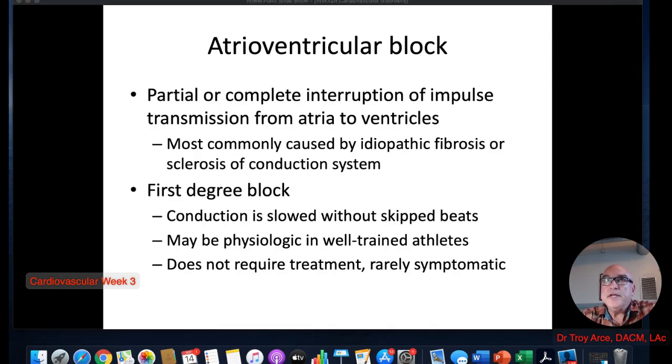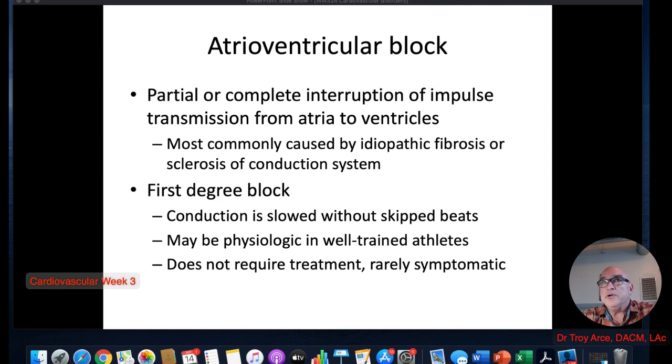Okay, here we go with the atrioventricular block. It's either a partial or complete interruption of impulse transmission from atria to the ventricles. So it's from the right side of the heart over to the left side, right? It's most commonly caused by idiopathic fibrosis or sclerosis of the conduction system.